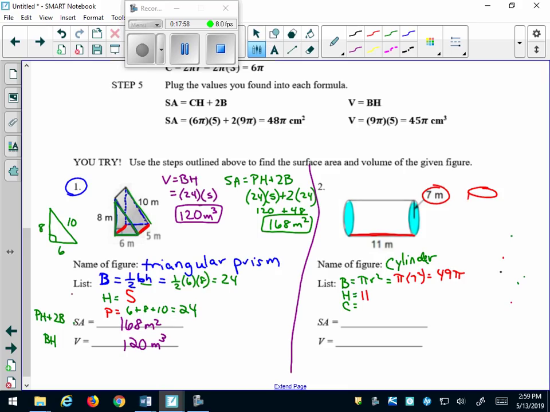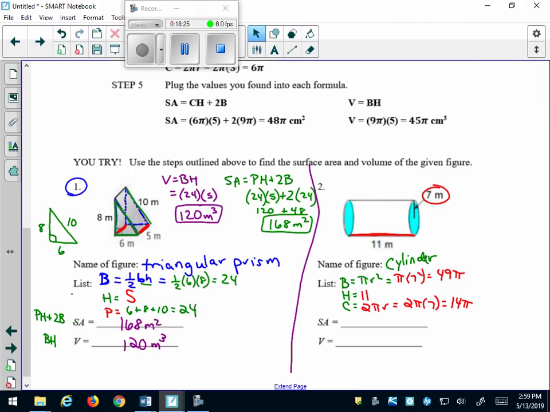So this is basically a cylinder that's 11 meters tall, and it's just laying down. Its height is still 11. Okay? All right, so the height is 11. Circumference is 2 pi r, which is 2 times pi times 7 in this case, which is 14 pi. So there's everything we need for our formulas.